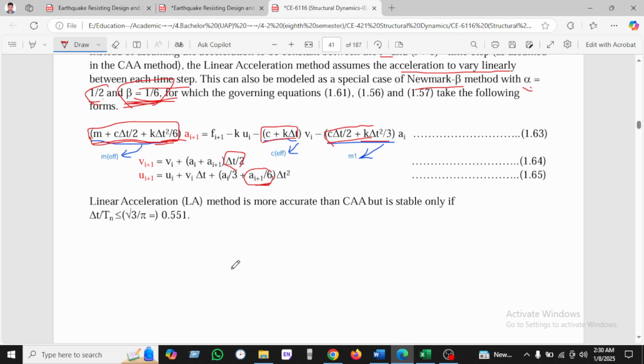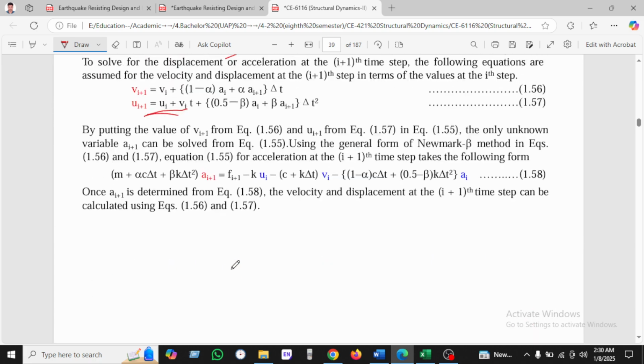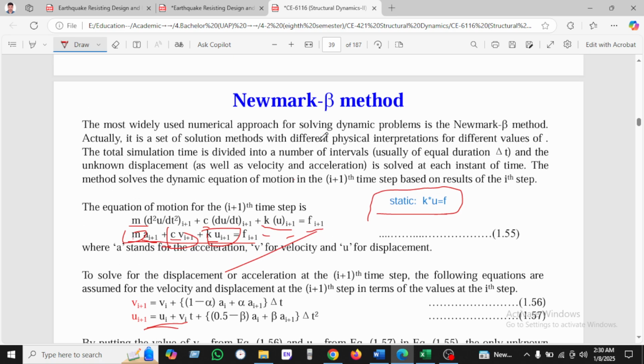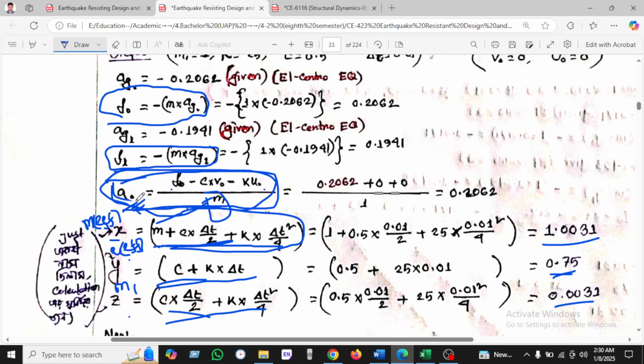We have seen this in the main equation of the constant average acceleration method, which is the Newmark-Beta method. Here we take M minus K minus KB, and minus CB also, and divided by A. So this equation will be formed like this.